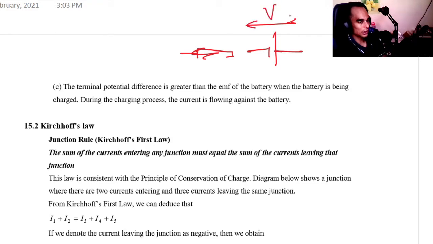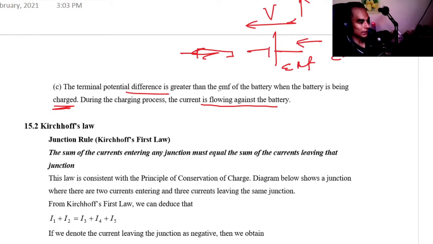V is higher than the EMF, it means the current flows towards the battery, and the power is flowing into the battery and it is actually charging the battery. So the battery is charged if V is bigger than E.